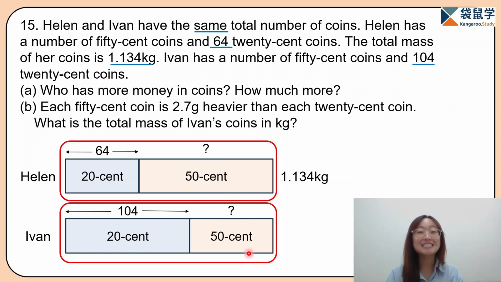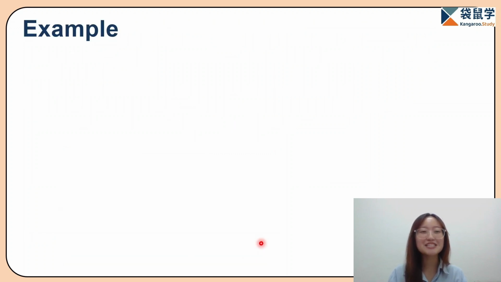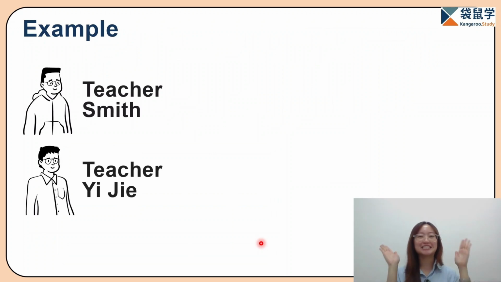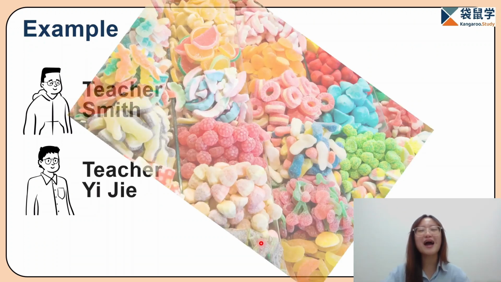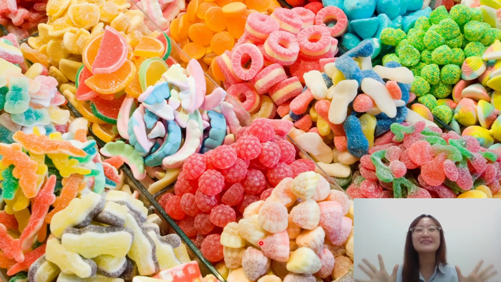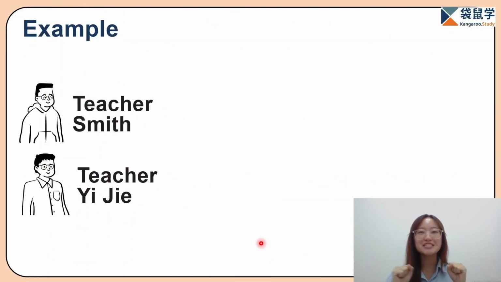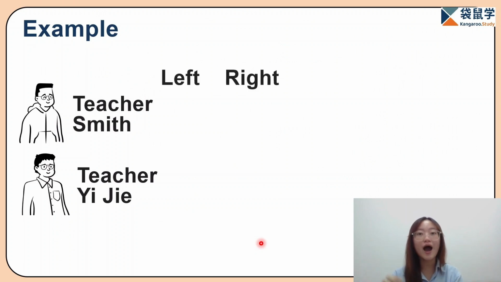Let me give you a simple example that will help us. We have Teacher Smith and Teacher Yijie, and they both have a lot of candies, very delicious sweet candies, and they stuff them into the left and right pockets. Now we don't know how many they have in both of their left pockets, but everyone pay attention.